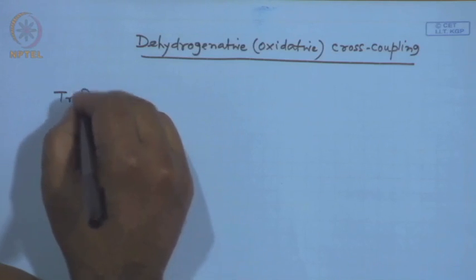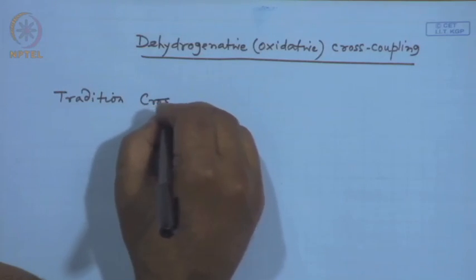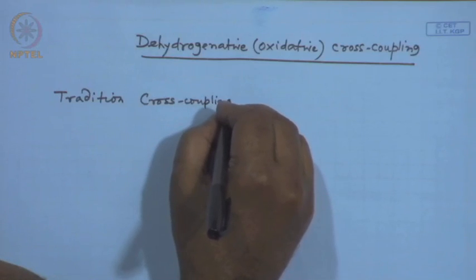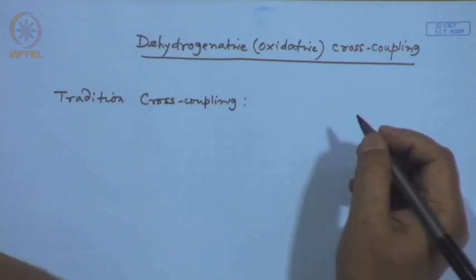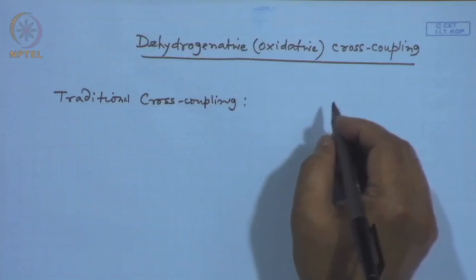So, if you summarize, the traditional cross coupling can be abbreviated as what?